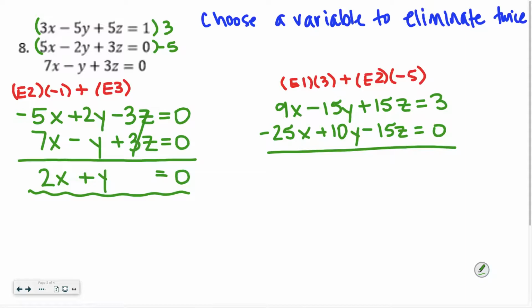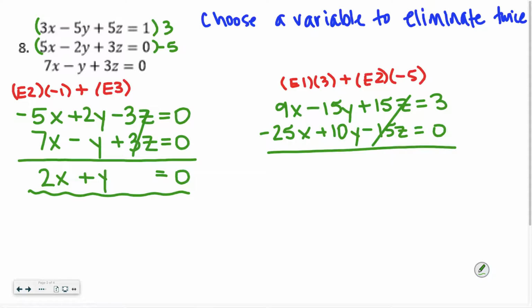Okay, so equation 1 we multiplied by 3. Equation 2 we multiplied by -5, and we're adding them together. All right, so what happens? Does everybody agree with my multiplication of the 3 and the -5?